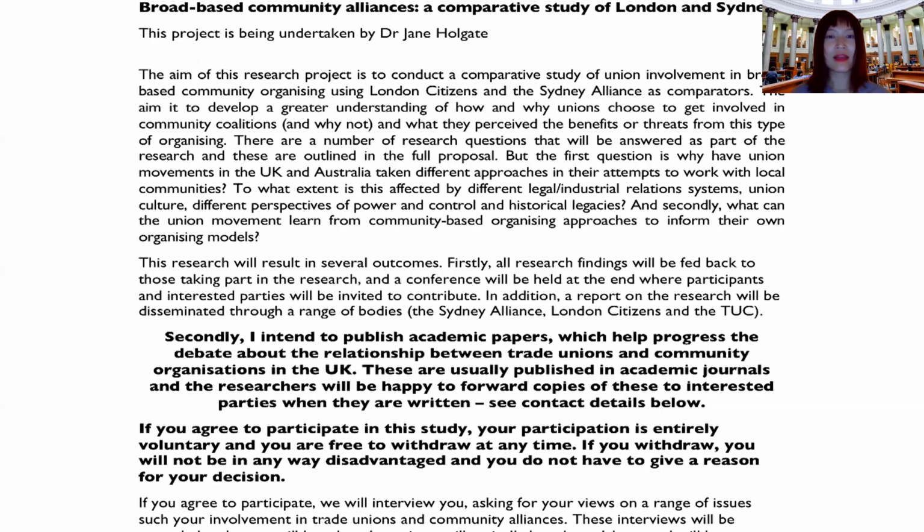And then they have also included how the research would be published. Okay. What kind of rights the participants would have.